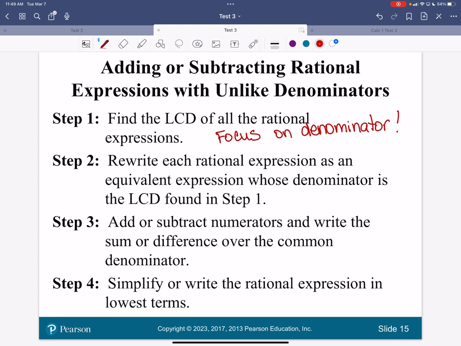And step 4 is to simplify. So first, we're focusing on denominators. The second, we are focusing on equivalent expressions. Next step, we focus on the numerator. And the last step, we simplify.